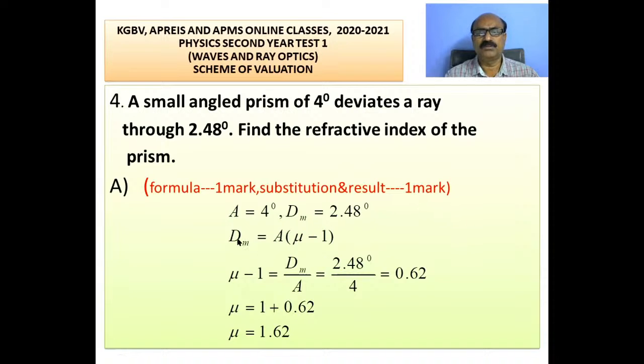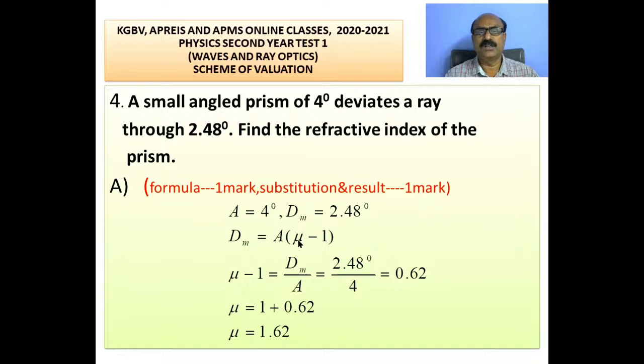So in this problem, the data is given: the small angle of prism A is 4 degrees, and this is the Dm, angle of deviation, 2.48 degrees. So the angle of deviation is equal to, this is the necessary formula for a small angle prism, angle of deviation is equal to A into (mu minus 1).